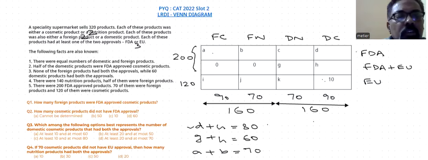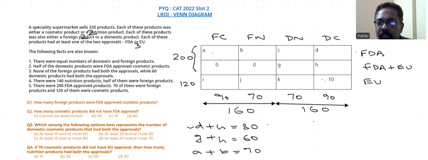Now, 120 of them were cosmetic products. What are the cosmetic products with us? Check it. Cosmetic products with us will be A, D, and H under this 200, which have FDA approval as well as both approvals. Right? So what relation we are getting here?